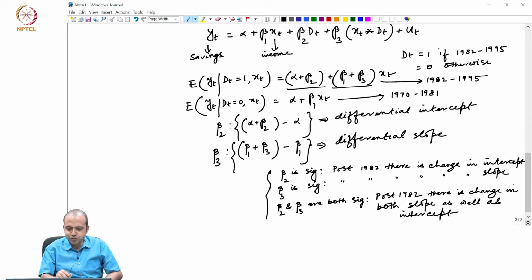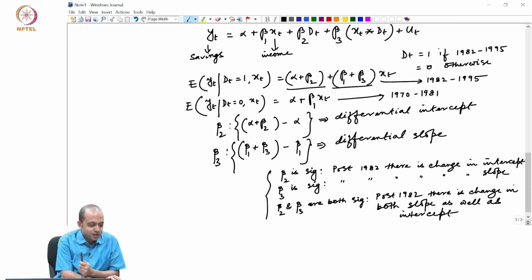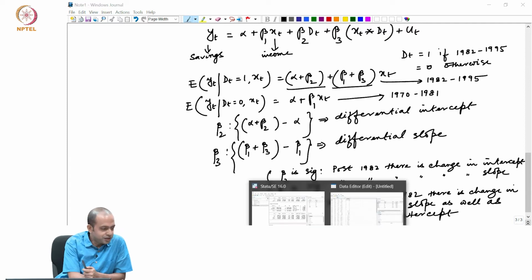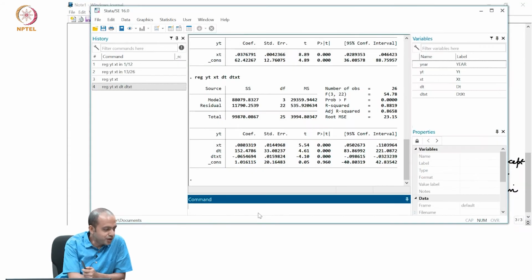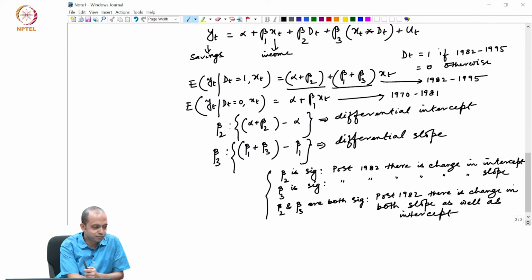See, if dt equals 0, then alpha plus beta 1 xt is your equation for 1970 to 1981. Okay. So, that means from this result, what is your alpha? Alpha is this 1.0161, and what is your xt? Xt is this. So, that means for the pre-1982 period, what you have to do?